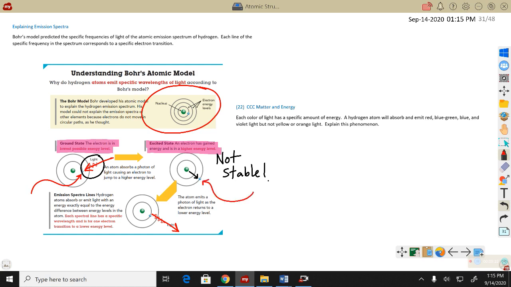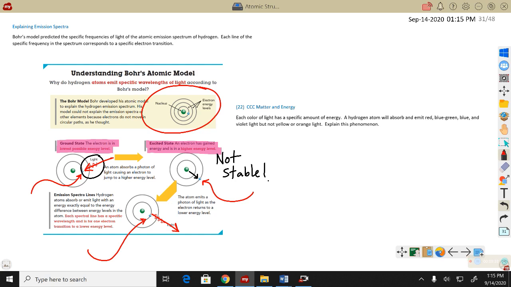If I want to go back down to energy level 1, I've got to release all that energy. Each spectral line has a specific wavelength and is for one electron transition to a lower energy level.